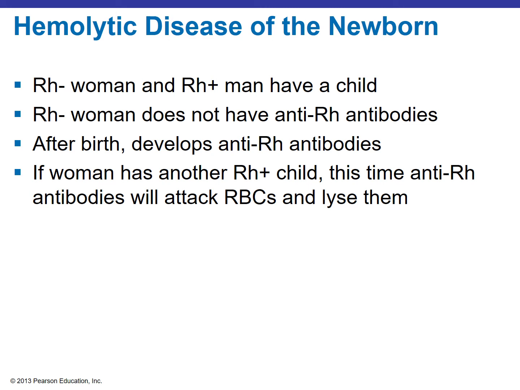Well, not yet, not until the birth of the child, right? The Rh minus woman would not have any anti-Rh antibodies, but upon birth of her child, she would be exposed to the Rh antigen and she would develop anti-Rh antibodies. So now, if she has another child and it's Rh plus, her antibodies would attack the red blood cells of that child and lyse them.